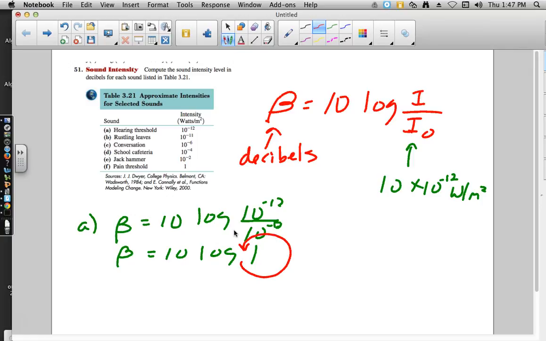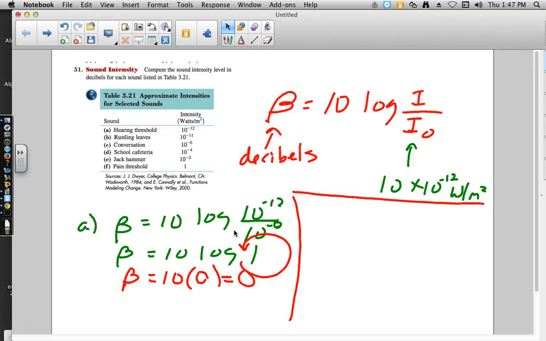Well, that something is 0. So beta equals 10 times 0, which will give us 0. So again, that's the threshold. We won't hear a sound because that is the threshold. So that has 0 decibels.